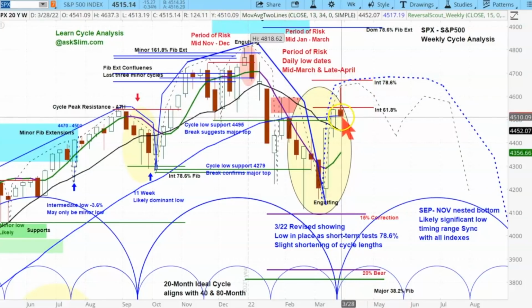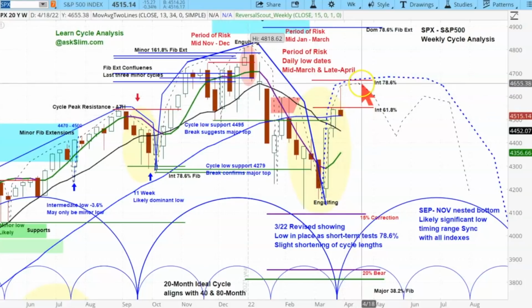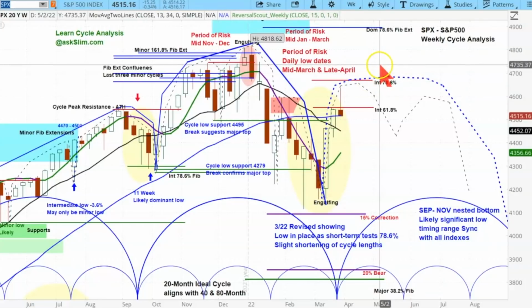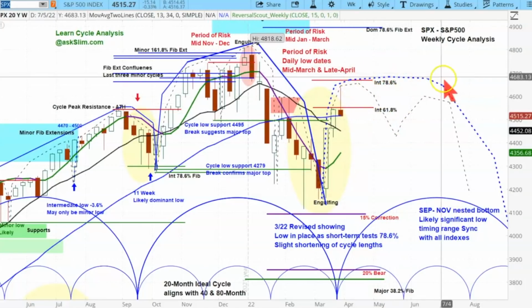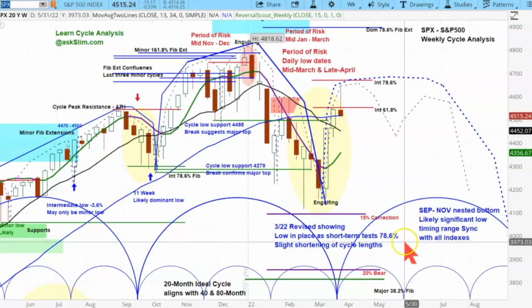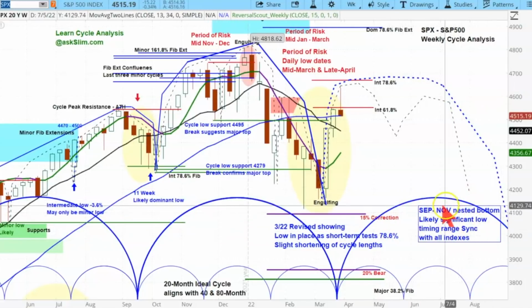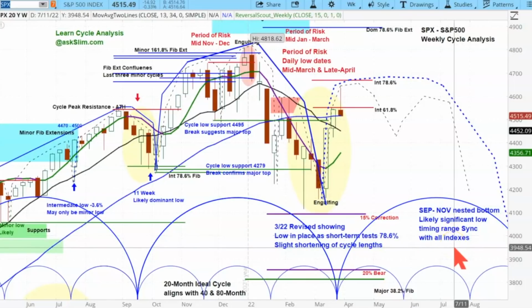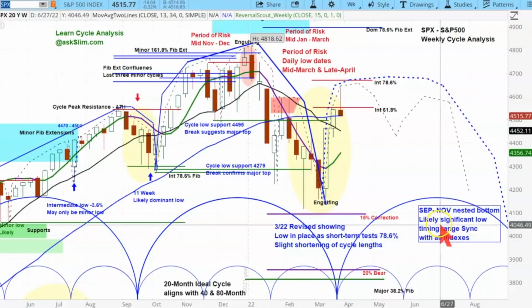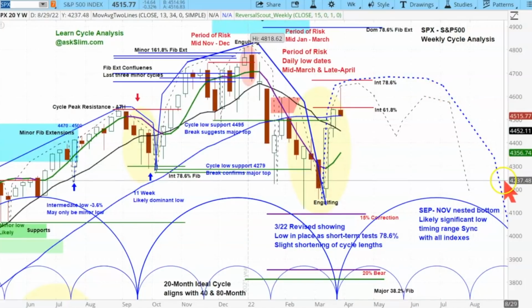So we're looking for this decline to end, it tries to rally again, but really struggling up here with the potential for 46.65, maybe up into the 4700s for the S&P 500 before it then begins to top. The nested bottom right over here is the September to November period, and I'm looking a long way out, kind of big picture, but that's really where there's a potential for a lot of declines.